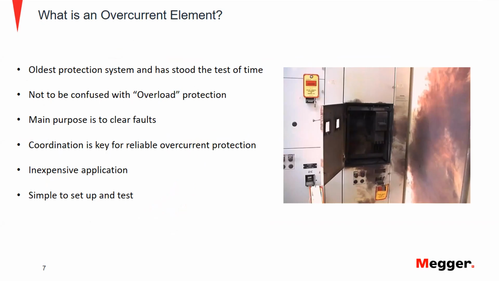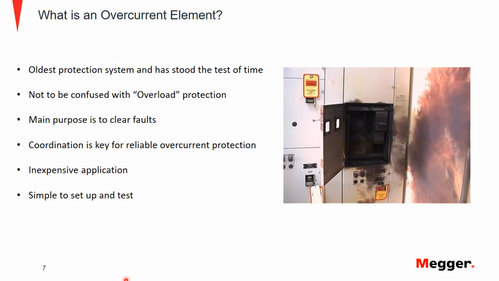Okay, so first overcurrent relay was actually designed around 1904, and it was produced in 1905 by a company that is now known as ABB. It is one of the oldest protection systems that's actually stood the test of time, and it's not to be confused with overload protection.